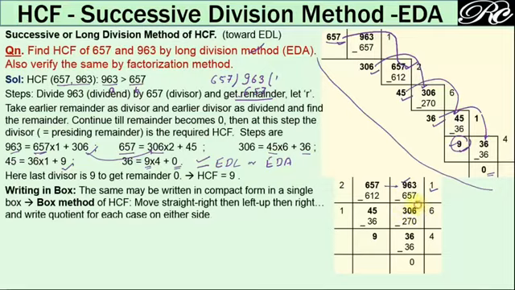Now take this remainder as new divisor and divide 657, and whatever quotient comes we will write in the left column. While moving in the forward, horizontal direction, whatever quotient was coming we were writing in the right column. Now 657 has to be divided by 306.